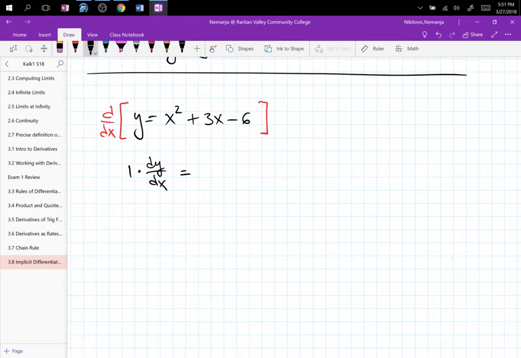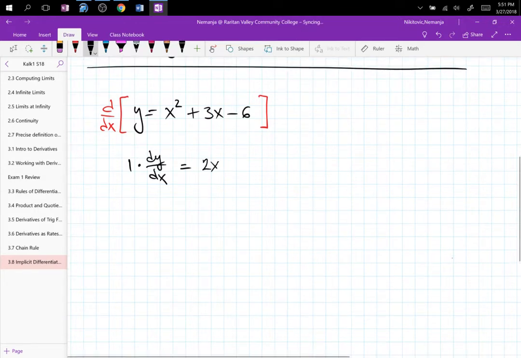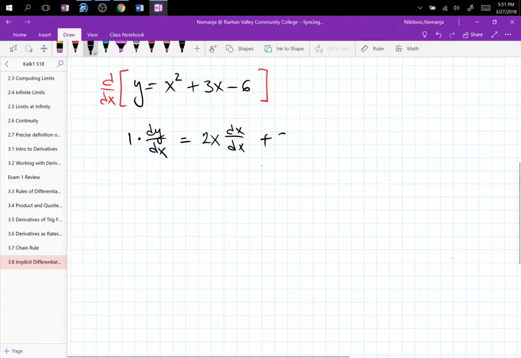On the other side, I have the derivative of x squared is 2x. And you know what? I'm going to follow with the chain rule we never wrote before, dx over dx. Plus 3, another dx over dx. And then minus 0, right, for the derivative of 6.